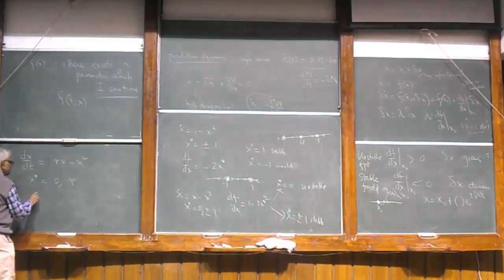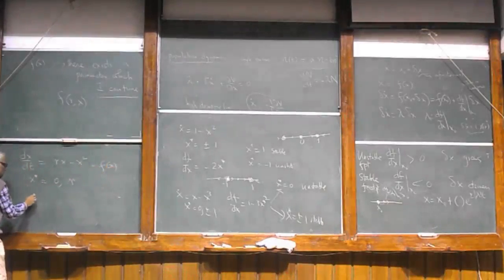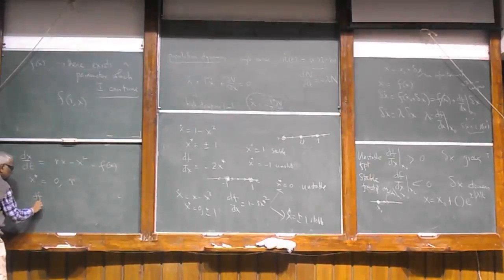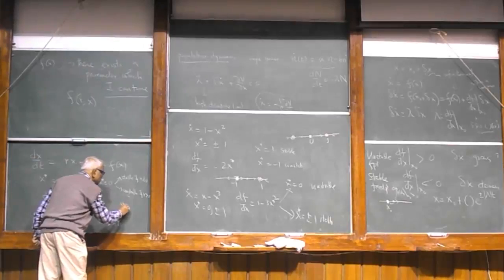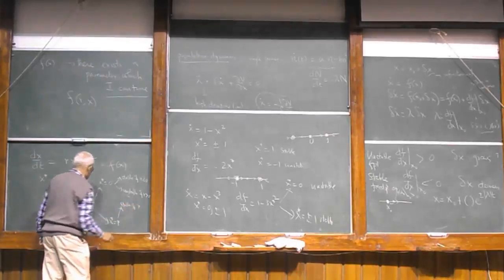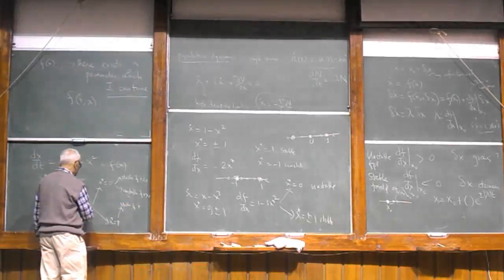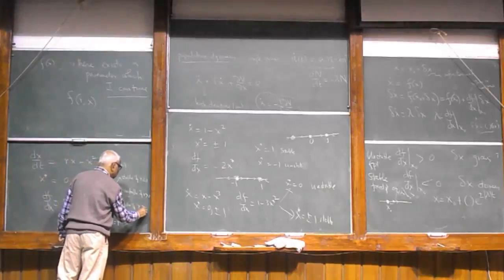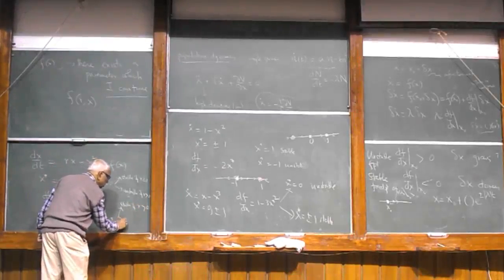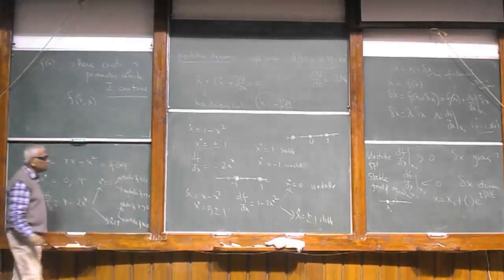Now you want to look at the stability. So this is my f of x, and I can calculate df/dx, which is R minus 2x. At x star equal to R, it is r minus, stable if r is greater than 0 and unstable if r is less than 0.